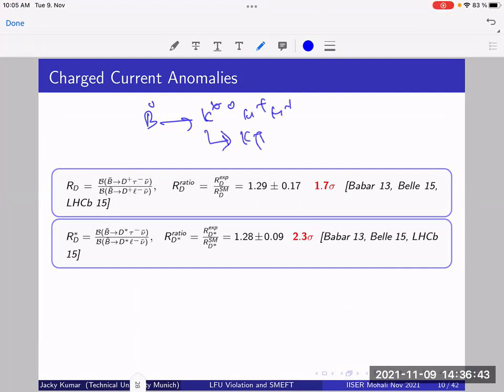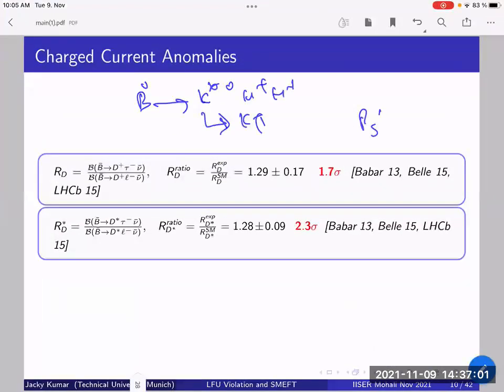So we have a four-body final state, and you can construct angular distributions of these decays. One of the observables in this angular distribution is known as P5', which is also found to be discrepant. In fact, there are some branching ratios also which are found to be different from the Standard Model.